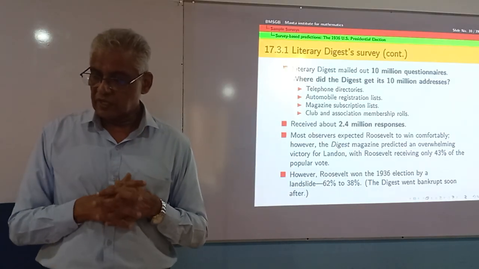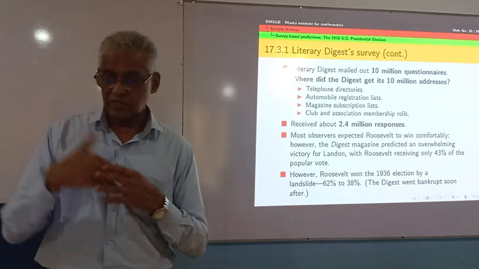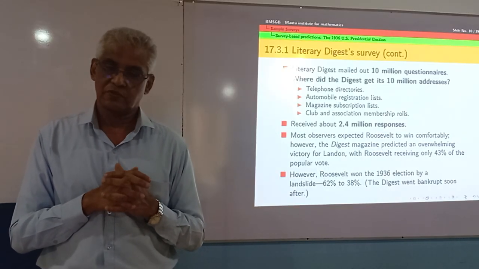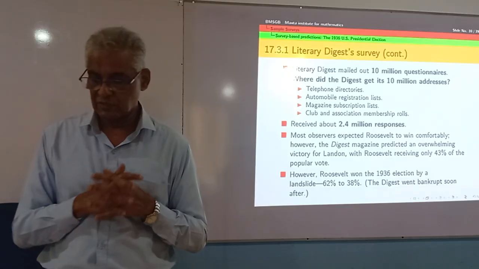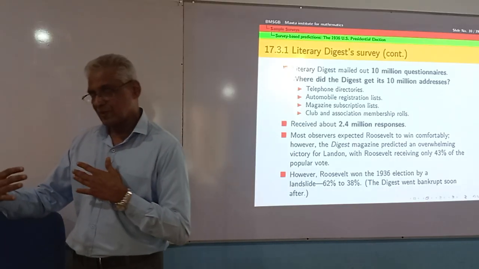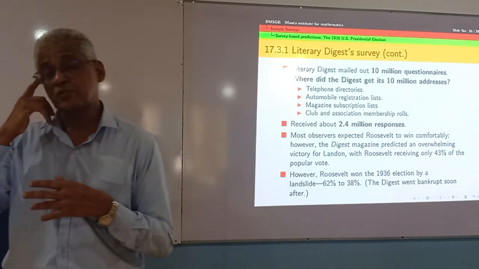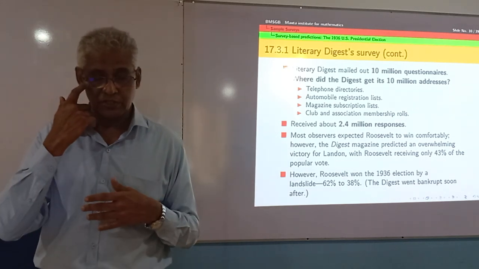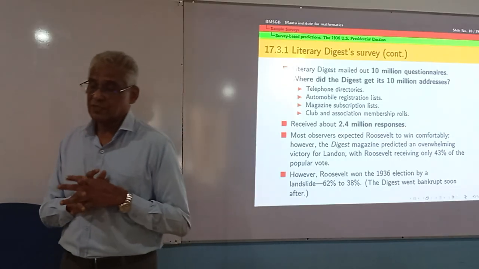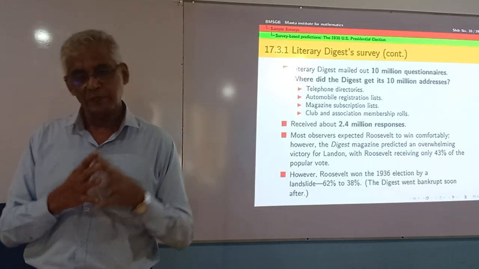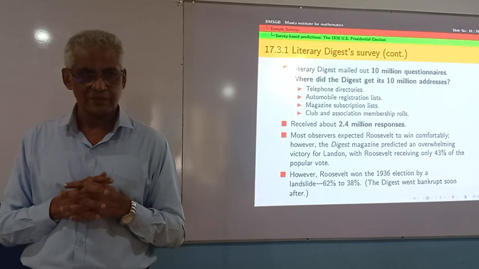But even though they sent 10 million questionnaires, the response rate was very low. They received only 2.4 million responses out of 10 million. By this time, Roosevelt had already introduced a new social program. Many people favored him, and many general people believed that Roosevelt would win.